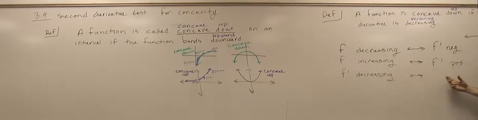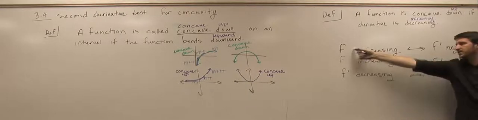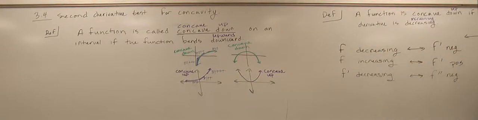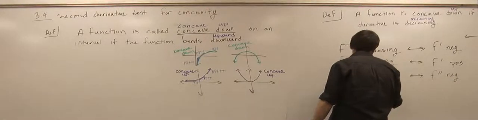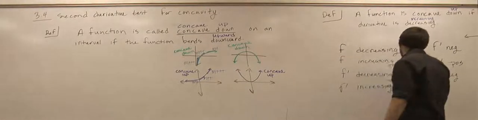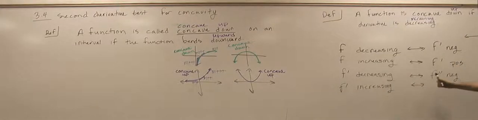F prime decreasing means f double prime negative. Right? Because you got to take the derivative of the derivative. It's like we have to take the derivative of f here. And f prime increasing means that the derivative of f prime, which is f double prime, is positive.